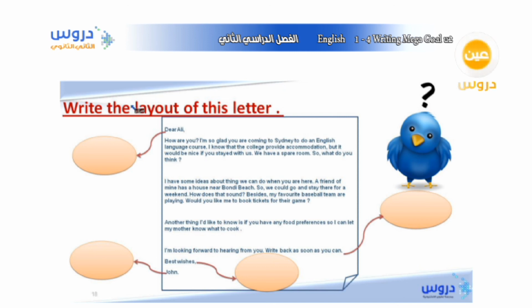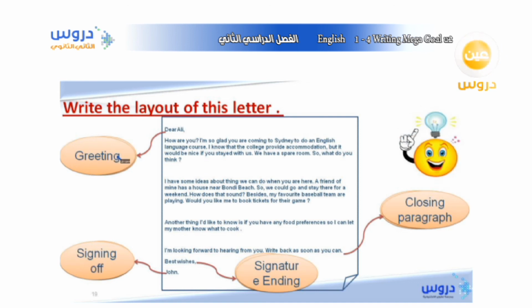Now here I want you to write the layout of this letter. As we discussed here, what we have here and here, for example, and here. You can find this is what? Greeting. Yes. Greeting. Here we have the main body.